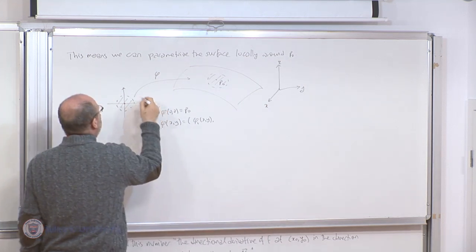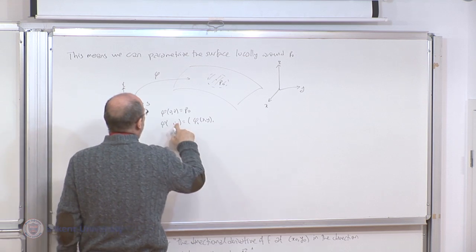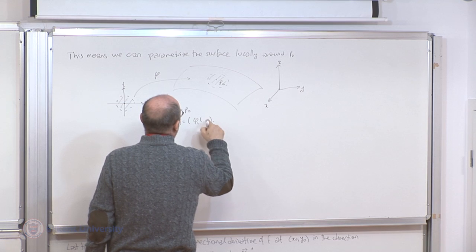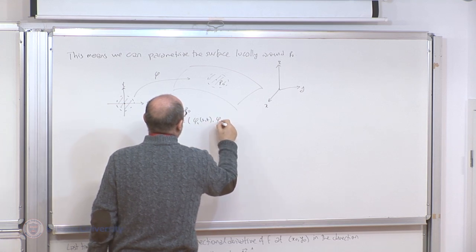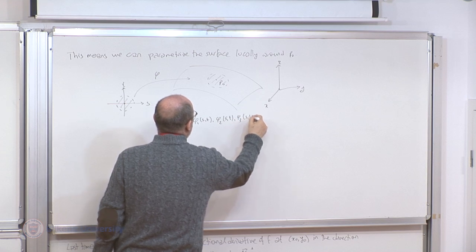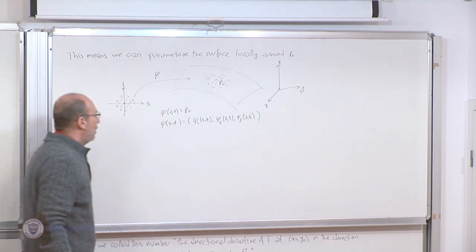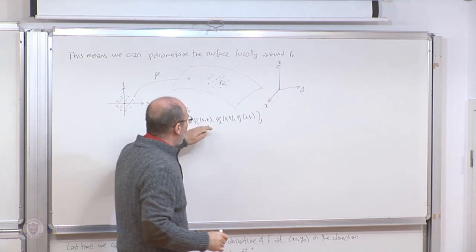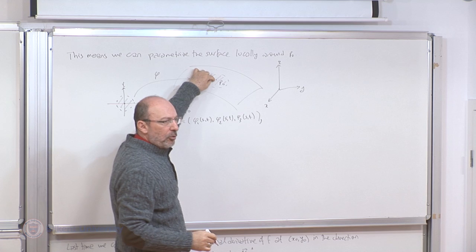So suppose this is s, t. So phi of s, t has 3 functions, such that now this parameterizing means that these points will lie on the surface.